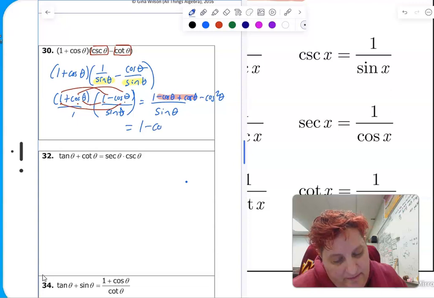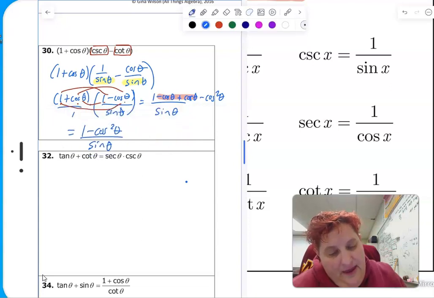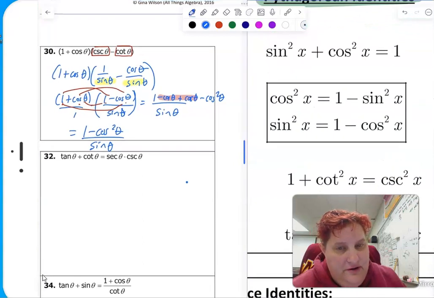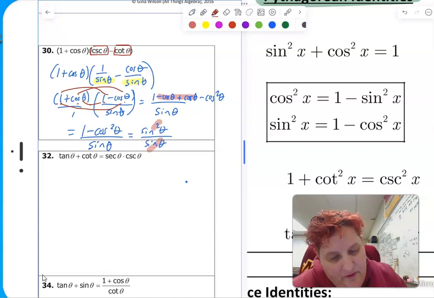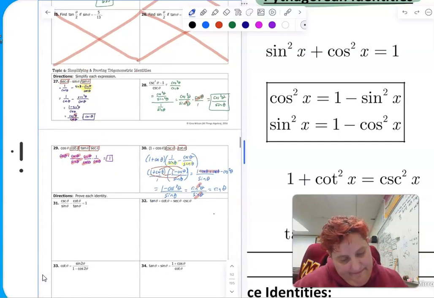So I have 1 minus cosine squared over sine. Let me move that over here. I've got a lot of steps here. Okay? And if I come look over here, 1 minus cosine squared is sine squared. So I have sine squared over sine, which equals sine. Okay, so I simplified that all the way down.